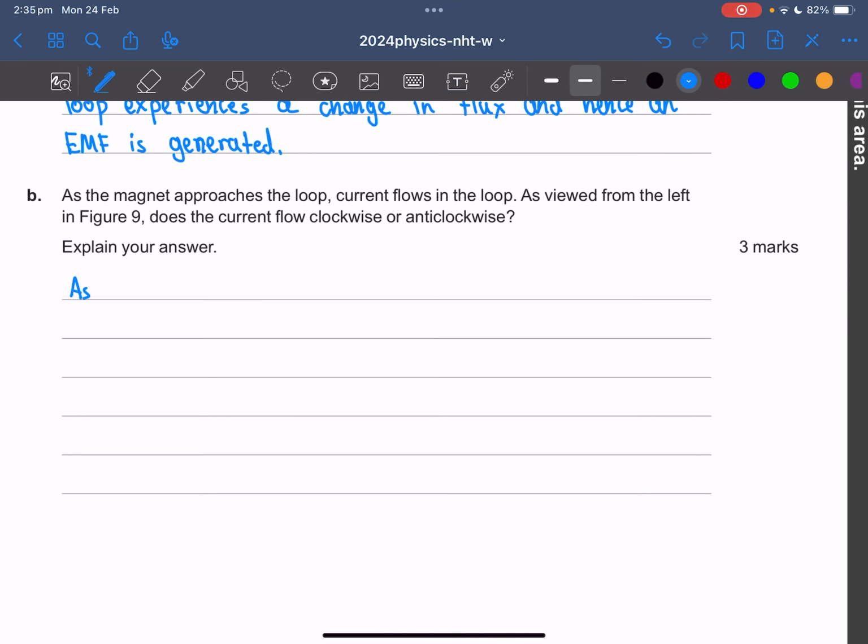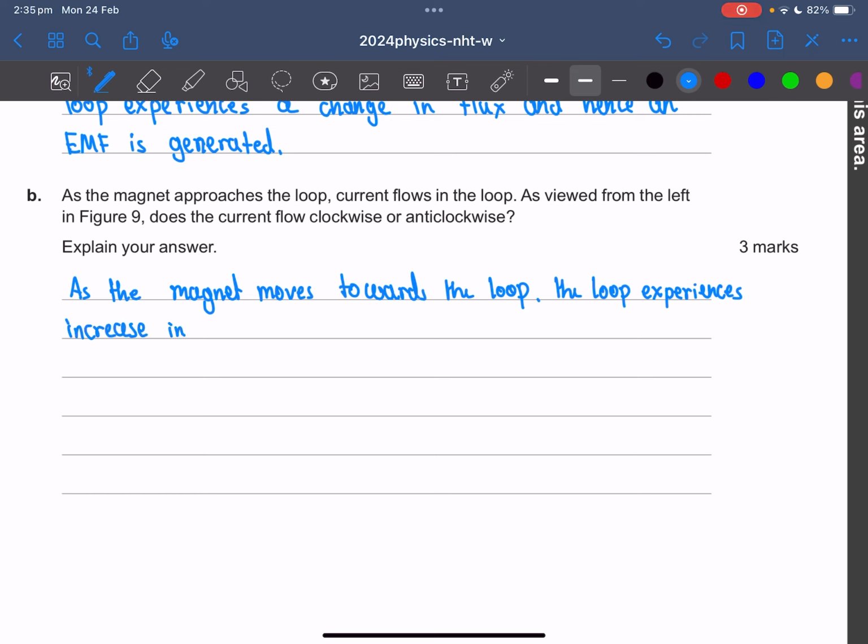So as the magnet moves towards the loop, the loop experiences an increase in flux to the right.